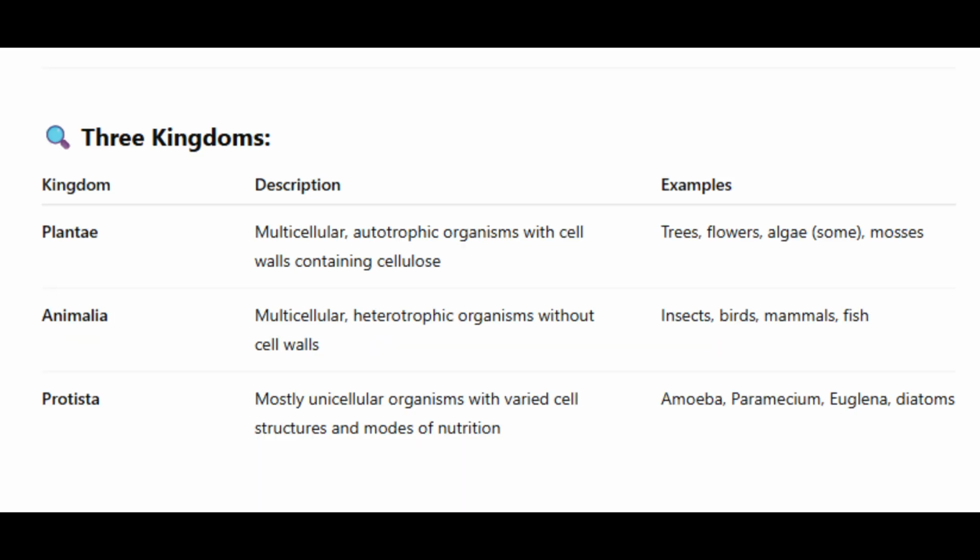Plantae: multicellular, autotrophic organisms with cell walls containing cellulose; trees, flowers, algae, some mosses. Animalia: multicellular, heterotrophic organisms without cell walls; insects, birds, mammals, fish. Protista: mostly unicellular organisms with varied cell structures and modes of nutrition; amoeba, paramecium, euglena, diatoms.